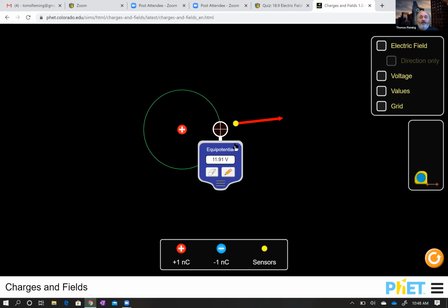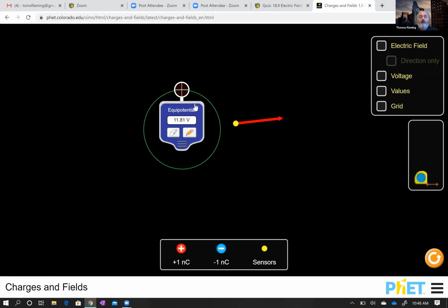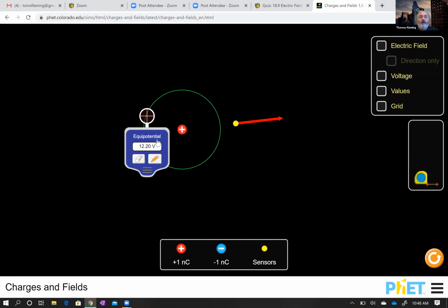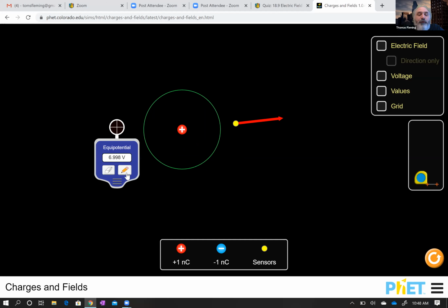So you can see that right there, it's 11.81 volts. If I go over here, 11.81 volts. Over here, 11.81 volts. So everywhere on that surface, I have the same value of V. If I go further away, I get another equipotential surface, but here it's 6.998 volts.